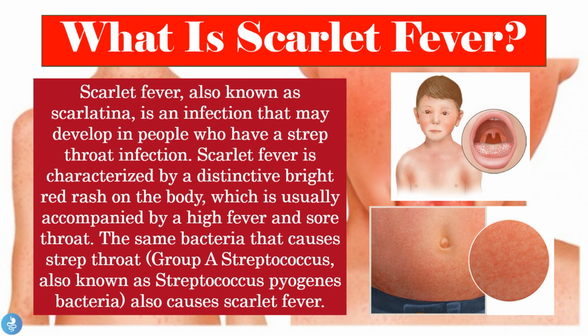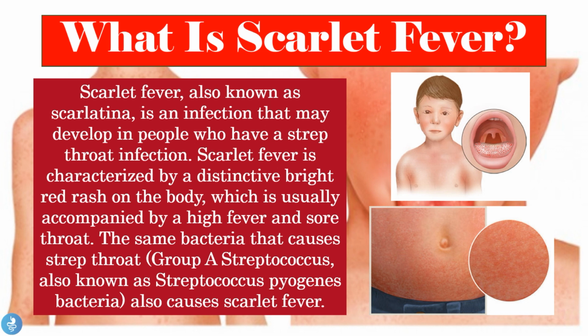And the specific bacteria that usually causes that strep throat infection is that group A streptococcus bacteria, more specifically Streptococcus pyogenes. So in patients who suffer from scarlet fever, we have a progression of that original strep throat infection to now a distinctive bright red rash which occurs on the body, and usually a very high fever which also develops in these patients in addition to their original sore throat infection.